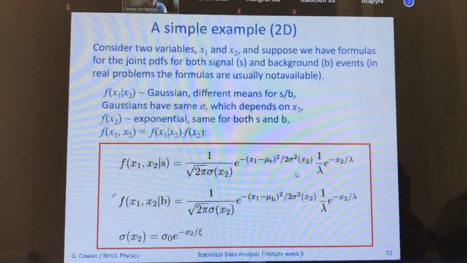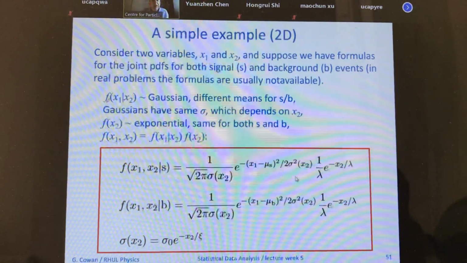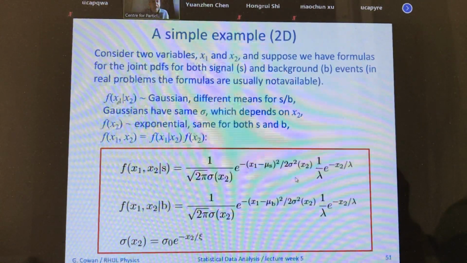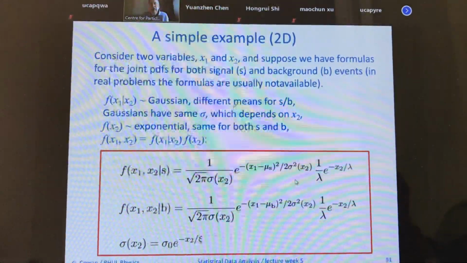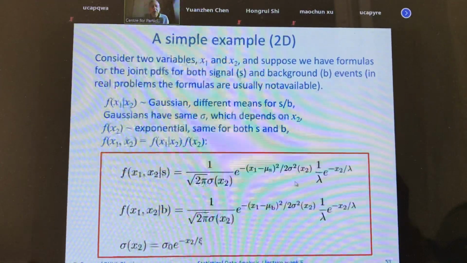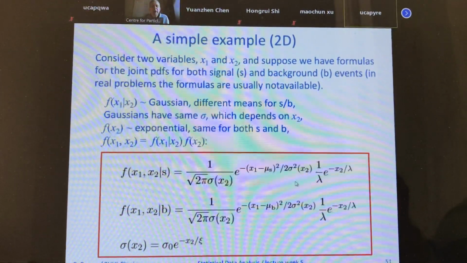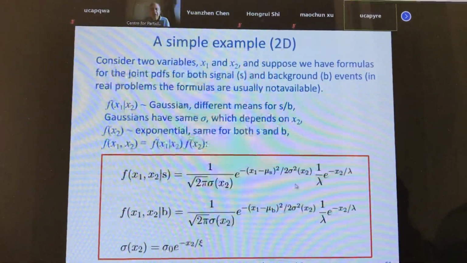And the way to think about the box is the following: the conditional PDF for x1 given x2 is just a Gaussian, right? And for the two hypotheses, S and B, I'll have different mean values for the Gaussian.